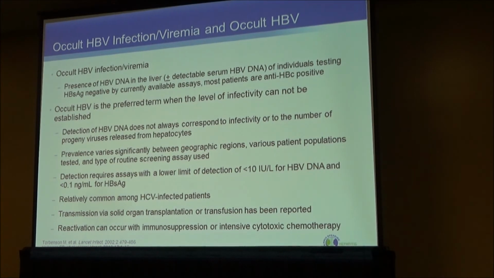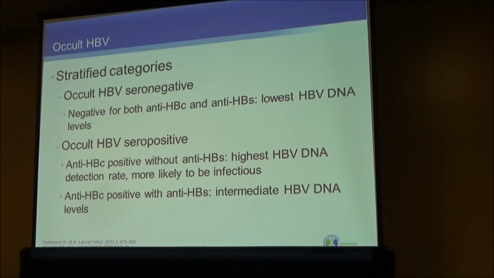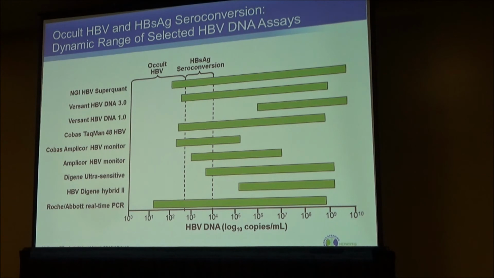What do you do with those people? You've got DNA that's measurable, they've got virus in their blood. You have to send those people, in my opinion, to a liver specialist, and then that person can counsel them on what to do next. Maybe a higher risk of reactivation, maybe they will have active liver disease, so it has to be looked at especially. So occult is a very, very special population that we think about.